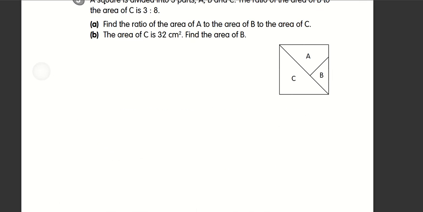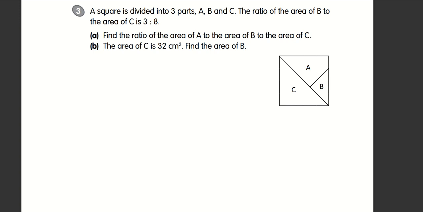A square is divided into three parts, A, B and C. The ratio of area B to the area of C is 3:8. Okay, so that's the first introduction to this square here. So this square is divided into three parts.